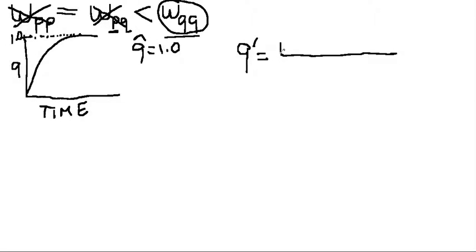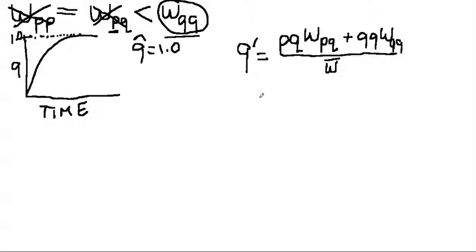So this time we're going to care about our PQ individuals, our heterozygotes, and they have a fitness of WPQ, and we're also going to get Q alleles from the QQ individuals whose fitness is WQQ.